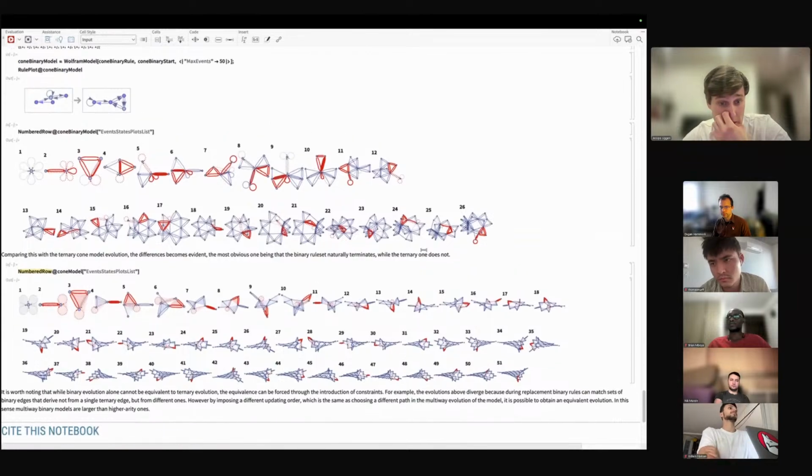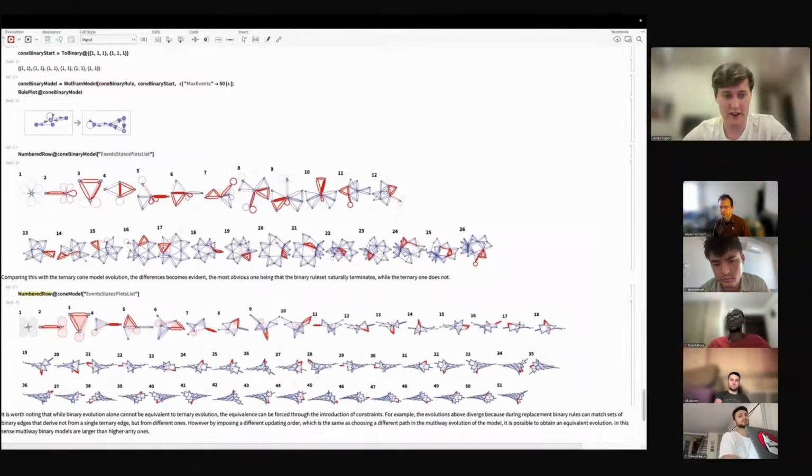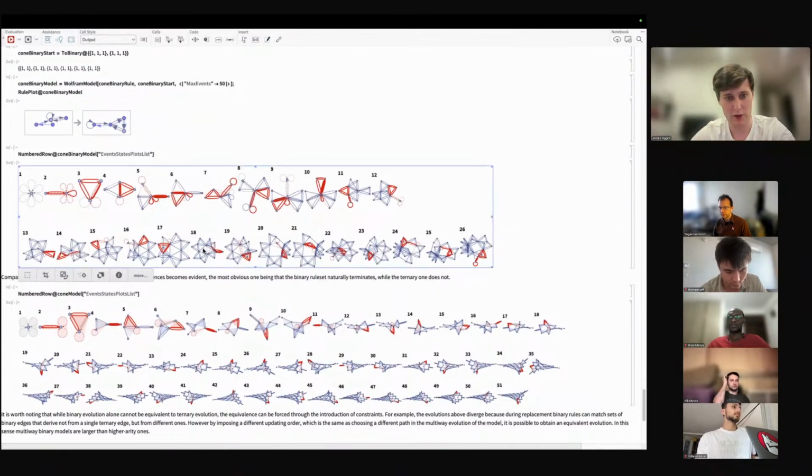And I guess the interesting thing again here is about the multi-way structure, because if I look at the updating order, I could enforce that this updating only applies where there would be a ternary edge, and that would just be picking a path in the multi-way structure of the binary one.